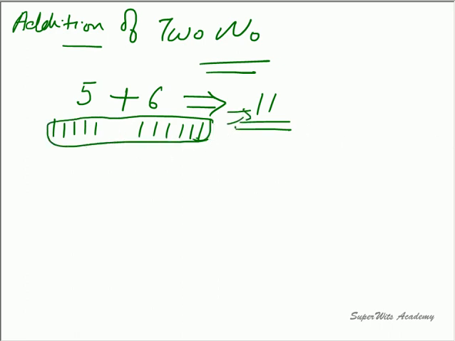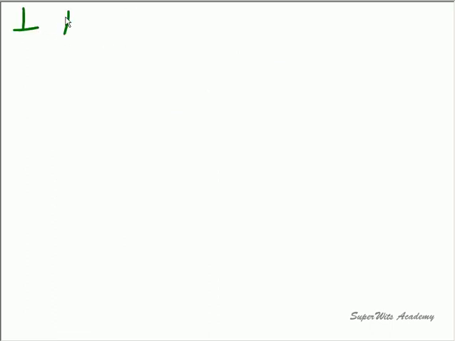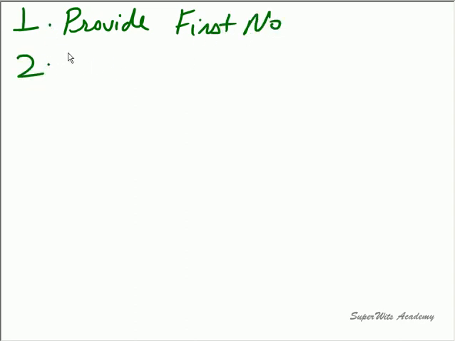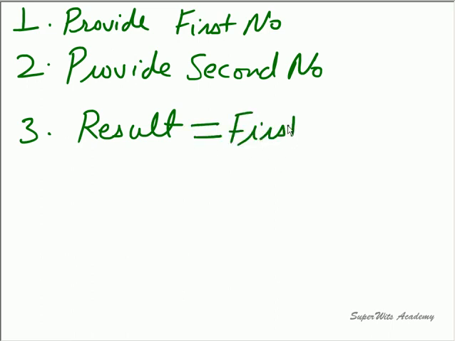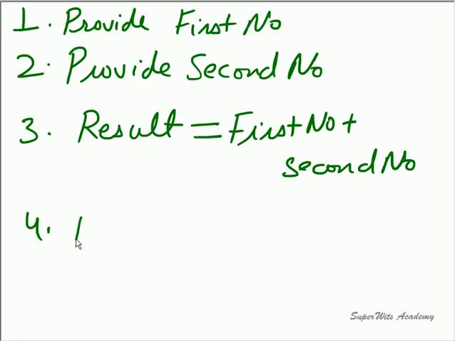Now how do you propose a solution for this? Provide first number, then provide second number, then third thing, let's say we have a result equals to first number plus second number, and then we print result.